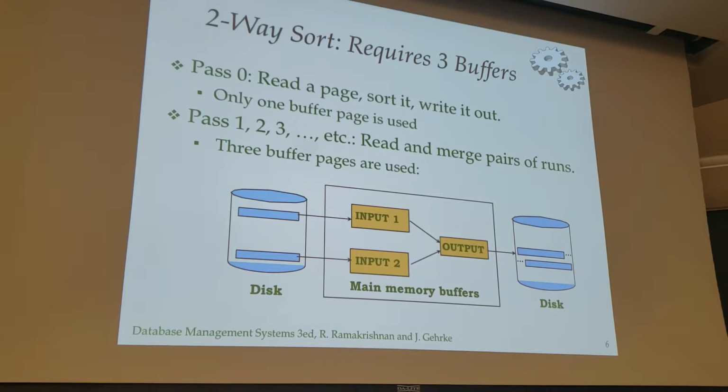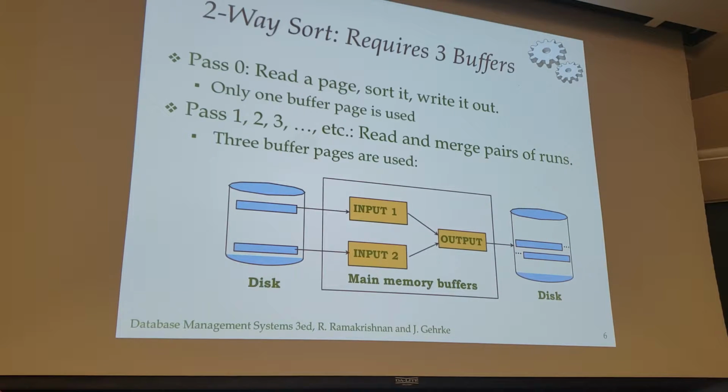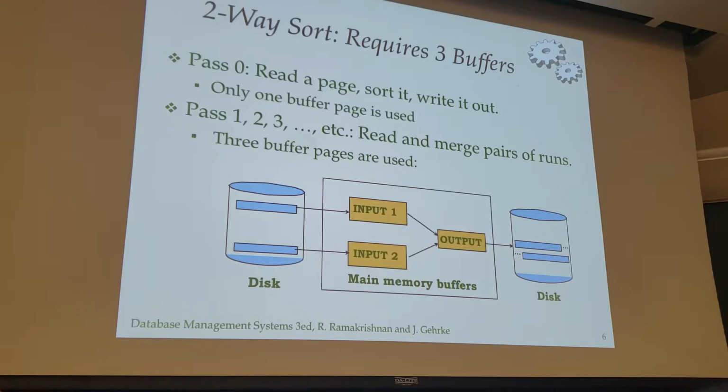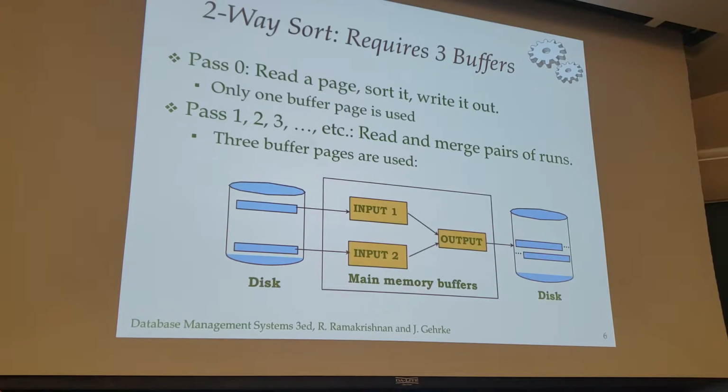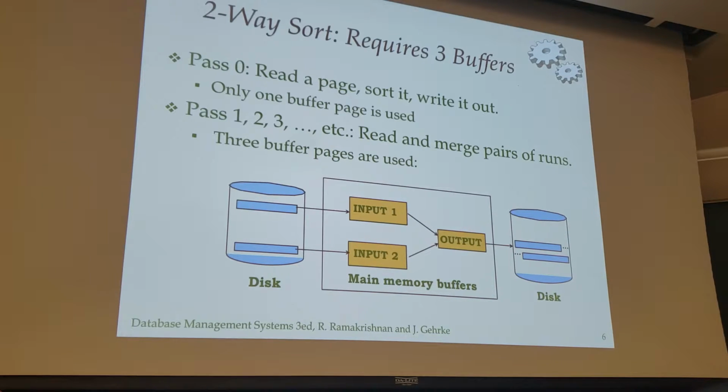Well, how do we do that with just a total of 3 blocks in main memory, three buffer pages? Well, we've got 1 page for 1 input block, 1 page for a second input block. And again, it's another different kind of traffic cop algorithm. We're going to take whoever is smallest in the values in the first block and in the second block, and we'll put things into the output block.